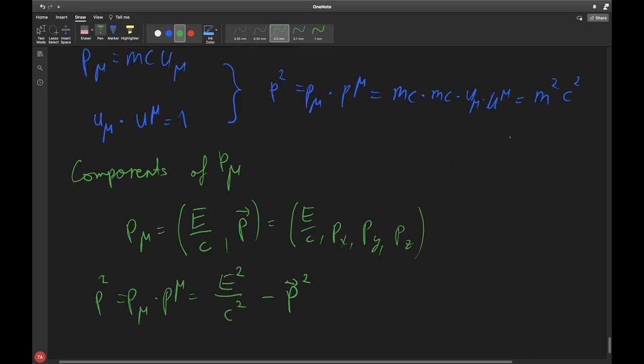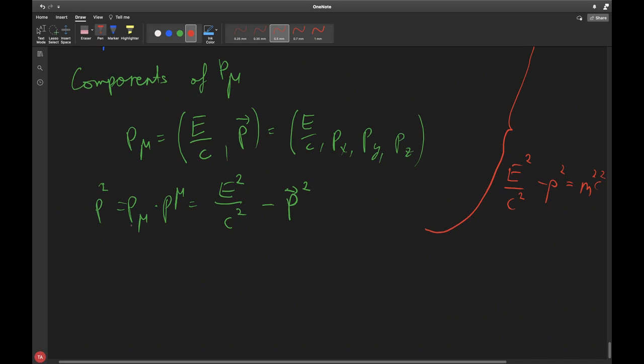Putting these two together, that was p squared here, and this was p squared here, we get that E squared over c squared minus p squared is the same as m squared c squared.